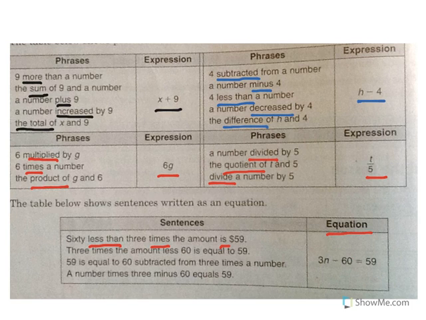Then we have 3 times the amount less 60 is equal to 59. So 3 times the amount, less is my subtraction sign, 60, is is my equal sign, 59.